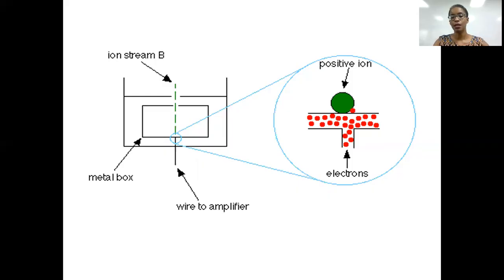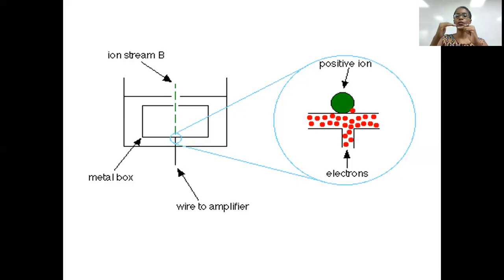The ion hits the detector, which is made up of a metal. Once it hits the detector, remember it's positively charged, and an electron will pop onto the ion. That electron will leave a space on the metal, and that space will then be taken up by another electron. And the space left by that electron will be taken up by another electron.